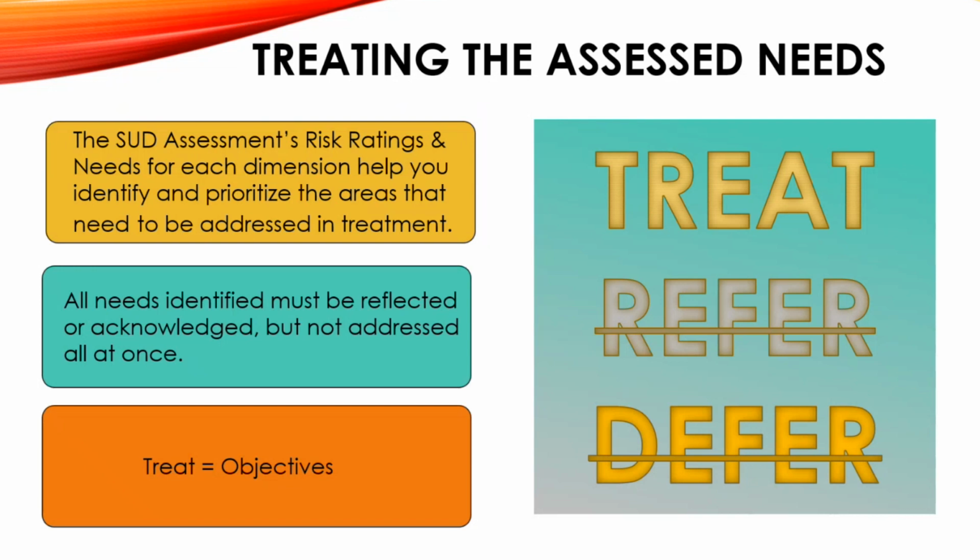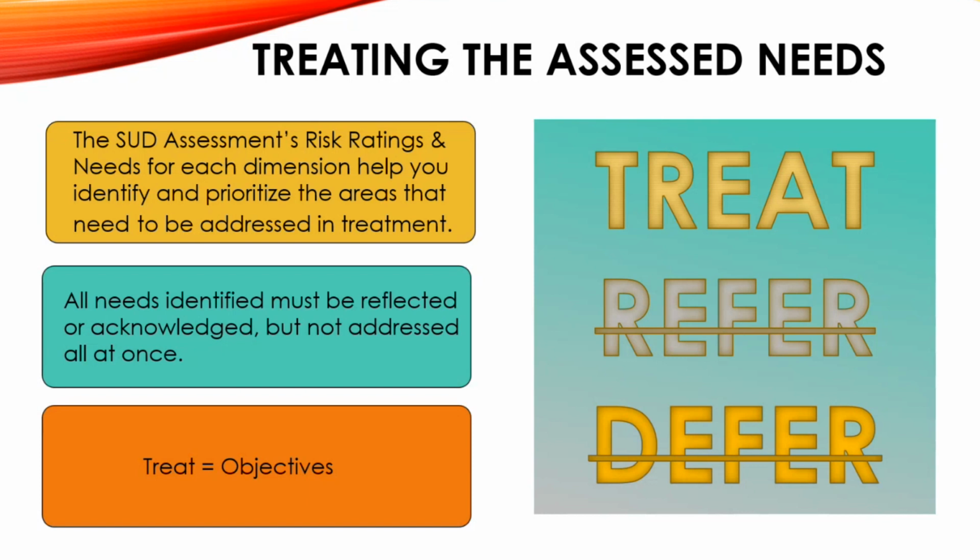And so we want to make sure that the client's signing on to something that they agree with and buy into. And so we are certainly wanting to ask the client their input on what they think is most compelling right now to them. What is it that they're wanting to work on right now versus what is something that right now they don't think needs to be prioritized as much. And so between our own clinical judgment from what we've learned in the assessment paired with the client's preferences, we can then proceed with identifying what we want to treat right now and what maybe we want to deal with a little bit later.